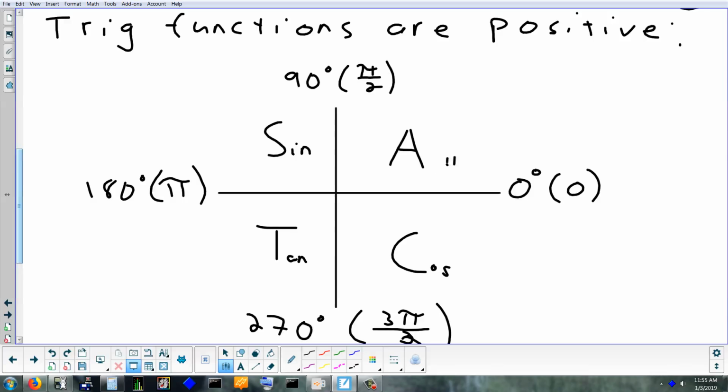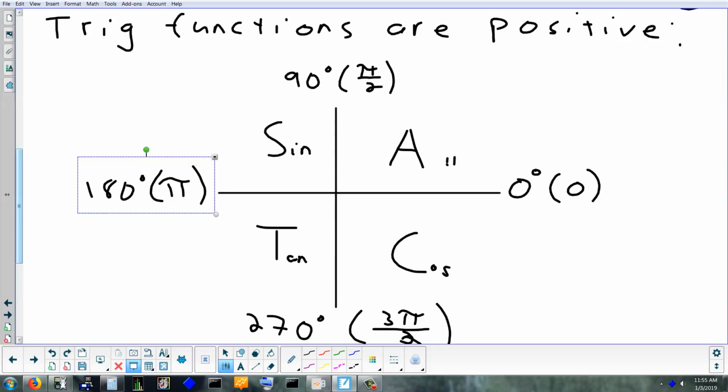In quadrant 1, all the trig functions are positive, meaning you can give me any angle you want between 0 and 90. I can take the sine of it, the cosine of it, or the tangent of it. It will always come out positive. If you give me an angle in quadrant 2 between 90 and 180, the only answers that will come out positive are the sines.